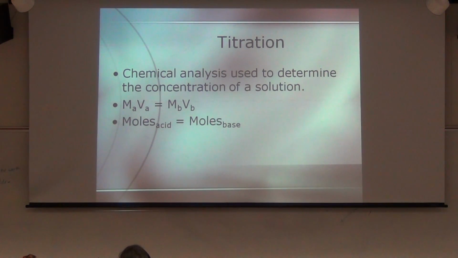But a titration is, and we can just read this verbatim, a chemical analysis used to determine the concentration of a solution. That's what we did in the lab. We took a known concentration of our sodium hydroxide. We measured a known volume of it as we titrated it into our known volume of hydrochloric acid. And from that, we were able to calculate what the molarity of that hydrochloric acid was.